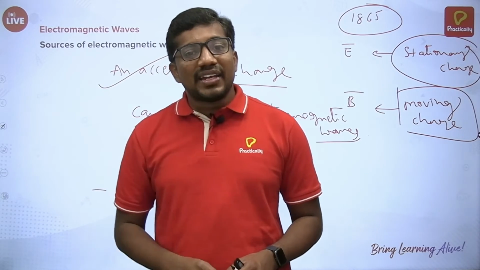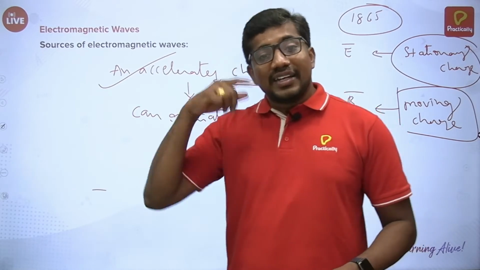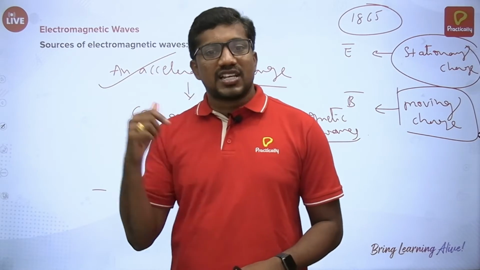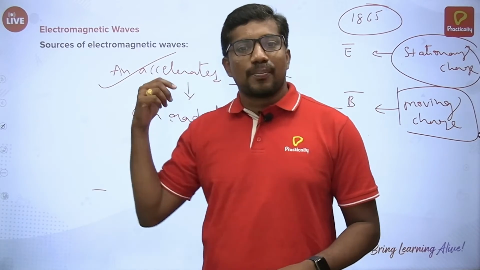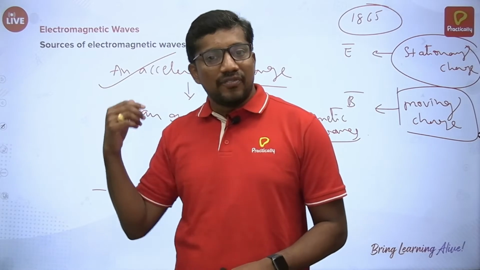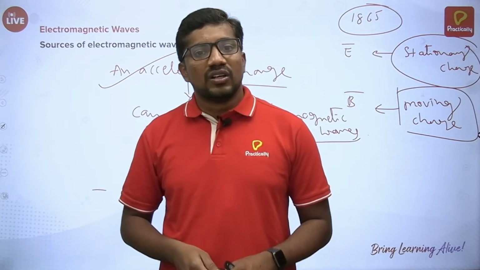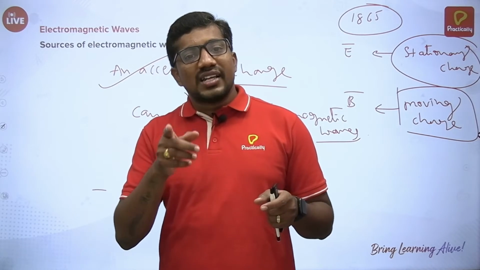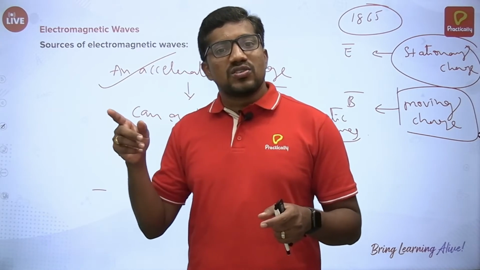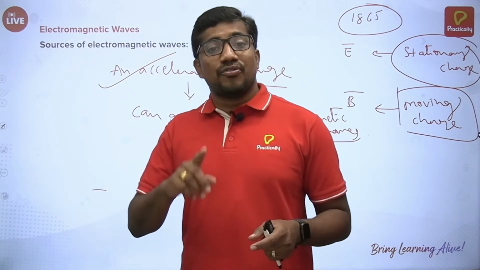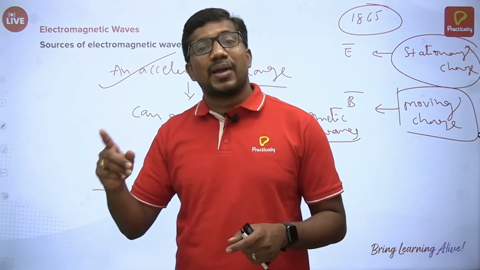That timely varying electric field, and it's very clear, can produce a timely varying magnetic field. Just now we have learned this with the help of Clerk Maxwell's statement, and we have learned it through displacement current also.